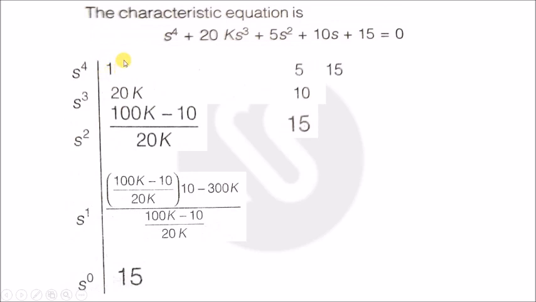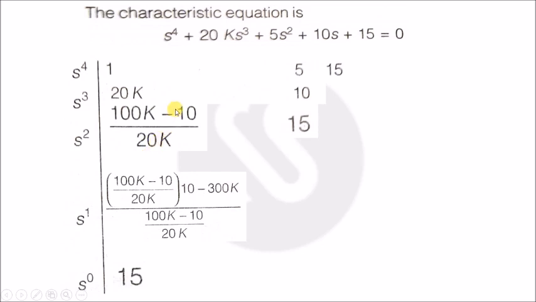That means it is very clear, to make this system stable, all these should be positive, because it has already become positive. If this were negative, then all should be negative for the system to be stable, because either all positive or all negative, so that there is no sign change.